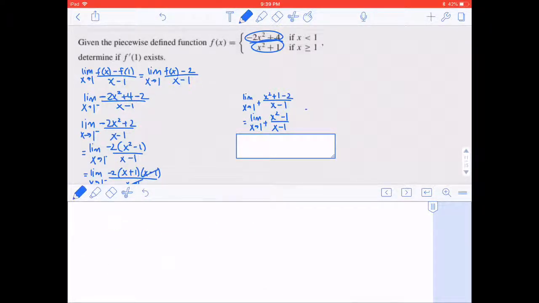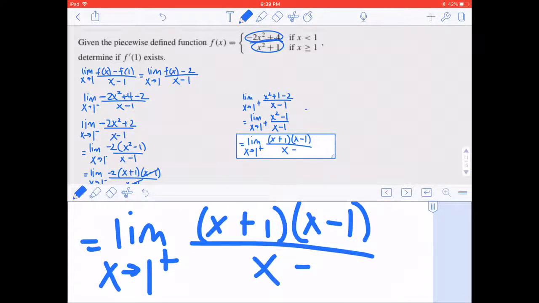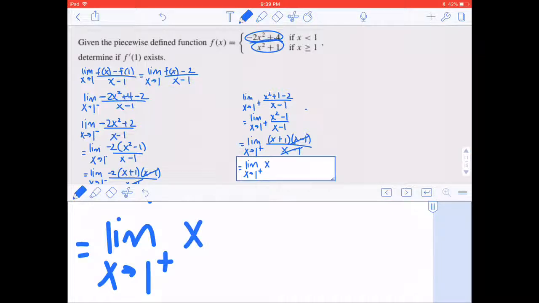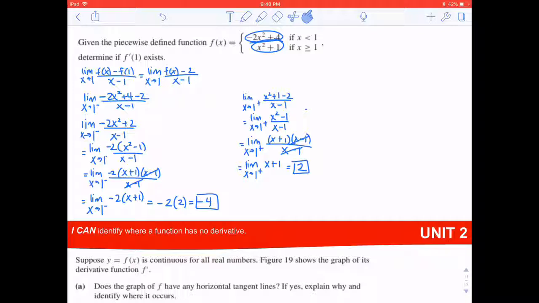And again, we have the difference of two squares. x plus 1 times x minus 1 all over x minus 1. Those will cancel. We get the limit as x goes to 1 from the right of x plus 1. Plug in our 1, or do the direct substitution, and we get 2 as our limit from the right side.